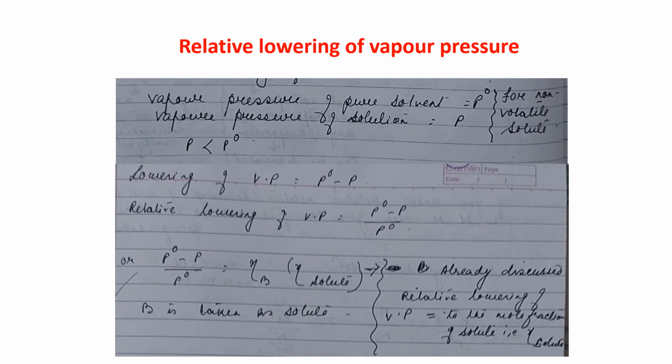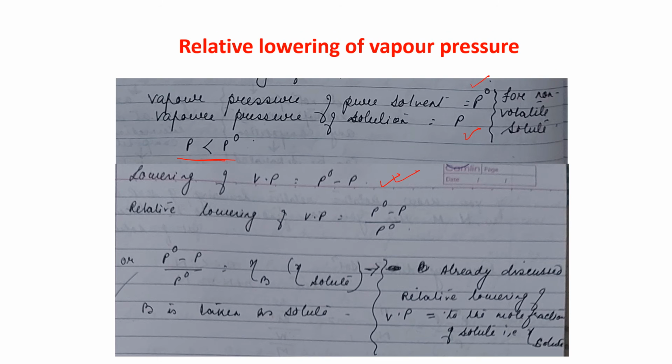Suppose the vapor pressure of the pure solvent is P0 and the vapor pressure of the solution is P for a non-volatile solute. Now, P0 is greater than P because P0 is the vapor pressure of the pure solvent. Naturally, it will be more than the vapor pressure of the solution. So, how much is the lowering of vapor pressure? Lowering of vapor pressure is P0 minus P.